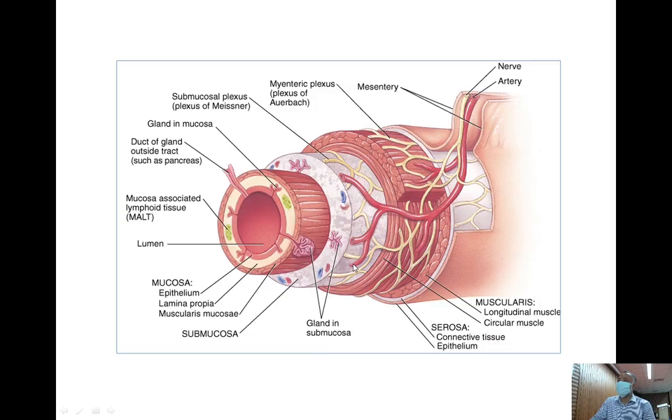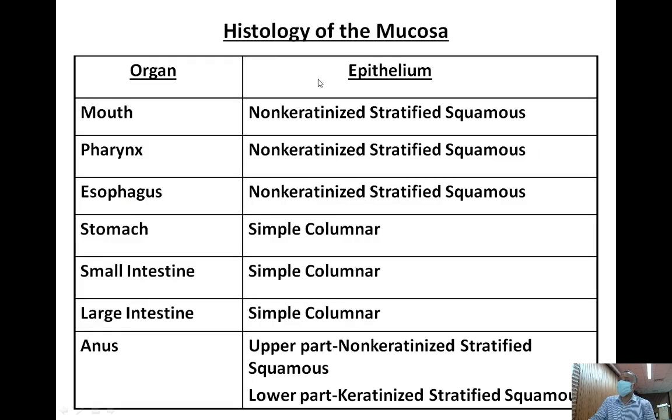Now come to the mucosa of different parts of our body, the GIT. In the mouth, this lining epithelium is non-keratinized stratified squamous epithelium, because in the mouth there is a chance of mechanical injury, so it is stratified but non-keratinized. Then the pharynx: also the same, non-keratinized stratified squamous, because there is a chance of mechanical injury. Esophagus, again non-keratinized stratified squamous, because of the food material we are taking.